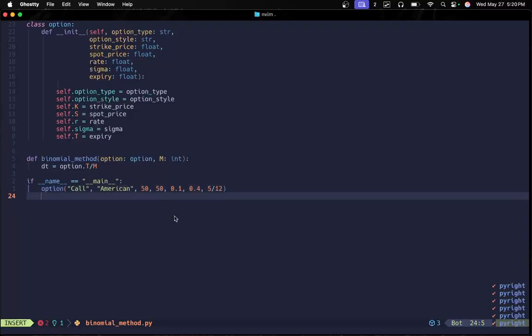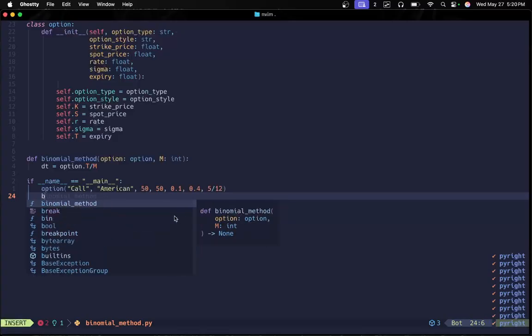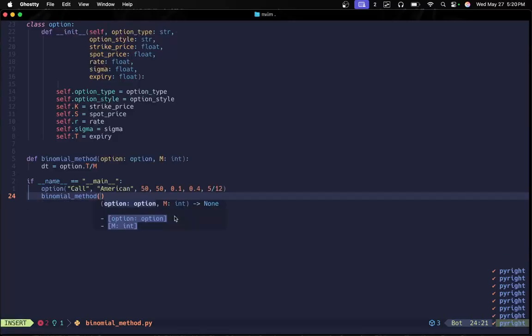And now we could type in the binomial method.